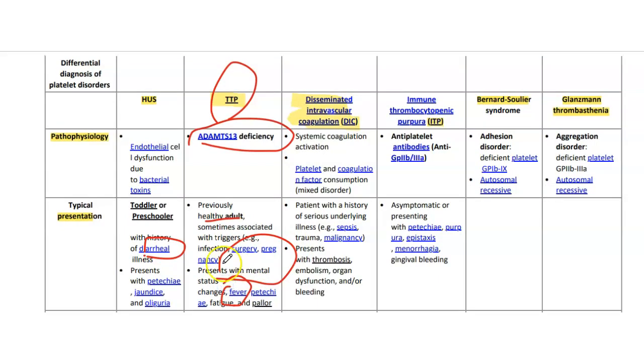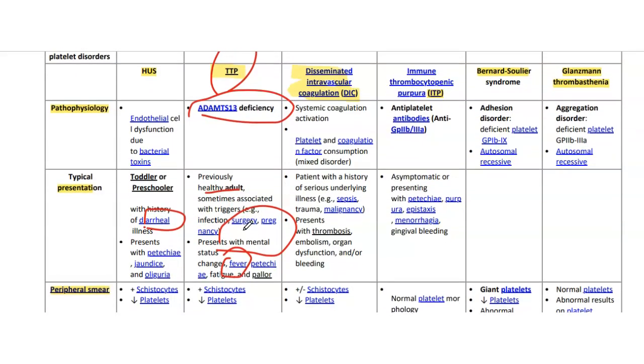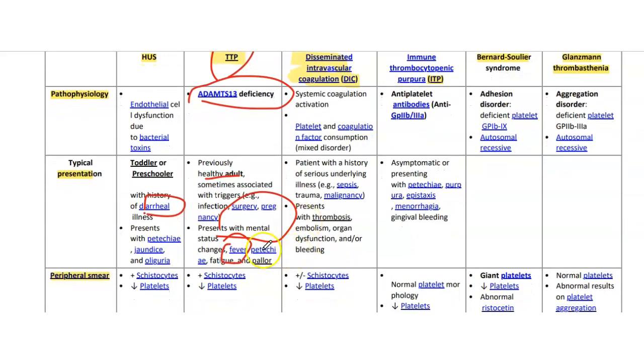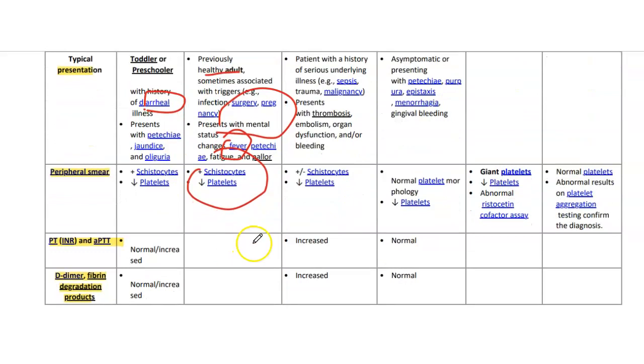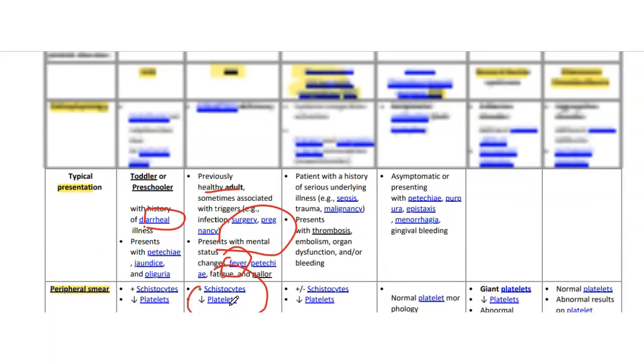These two are the additional findings with the hemolytic uremic syndrome triad, giving a pentad. There will be schistocytes and decreased platelet count, and the coagulation tests are not affected in thrombotic thrombocytopenic purpura.